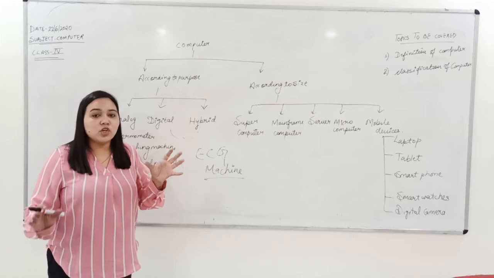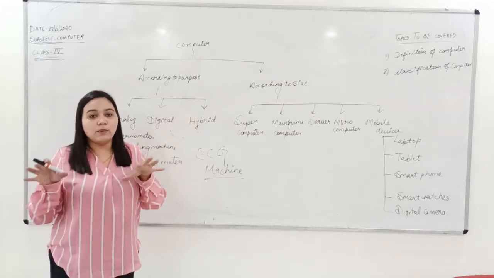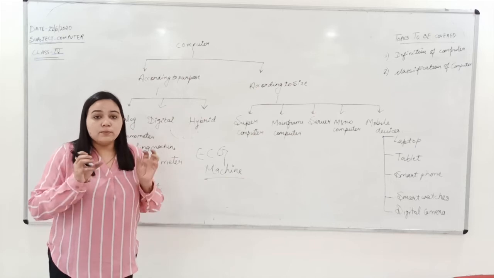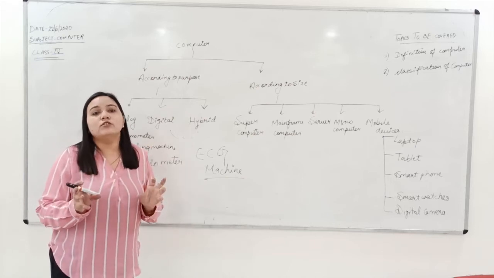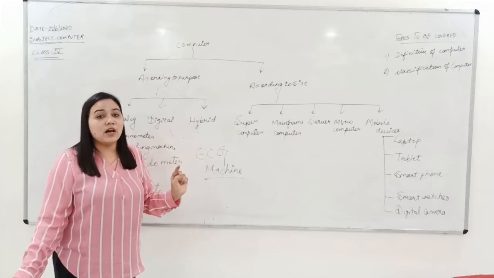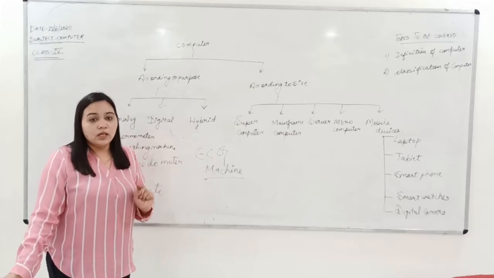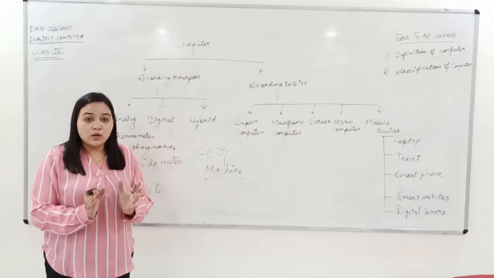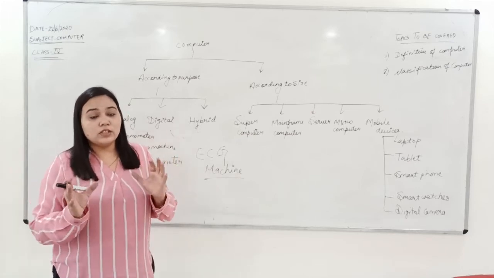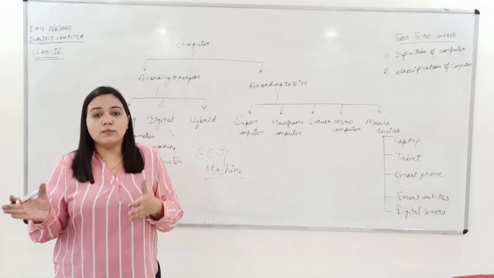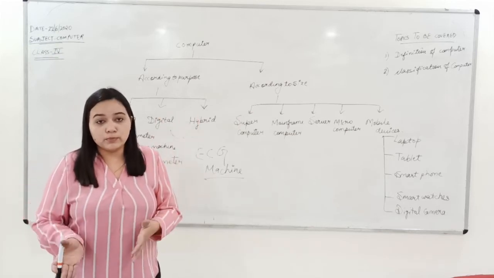So a computer is not just a monitor, a keyboard, mouse or a CPU. This is not just a computer. A computer is anything that takes your instructions, processes and gives the output. So an electrocardiograph is also a hybrid computer. A computer can be big, it can be small. So we don't have to focus that whenever we see a monitor or a keyboard or a mouse, only then are we going to call it a computer.